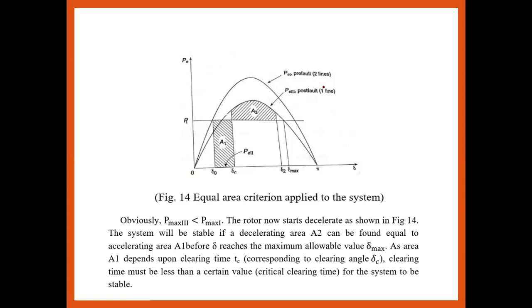Obviously, what is the equal area criteria? A1 is equal to A2. Means the area under the curve of acceleration should be equal to the deceleration by changing the load angle or by changing the load.